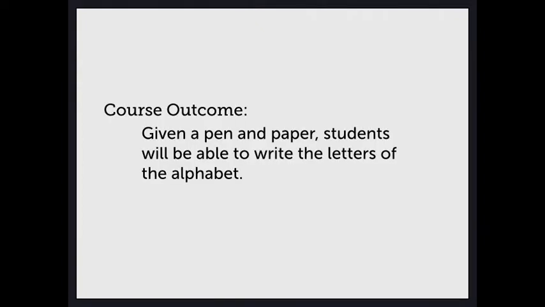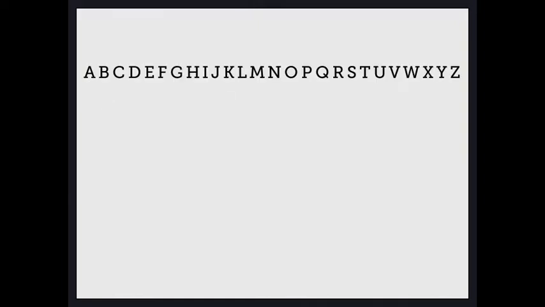Let's imagine that we're taking a class called Alphabet 101. And let's imagine that the outcomes for Alphabet 101 are as follows. Given a pen and paper, students will be able to write the letters of the alphabet. Hopefully, at this point in our academic careers, we've already mastered this. But let's imagine that that's what we're supposed to be learning in this class.